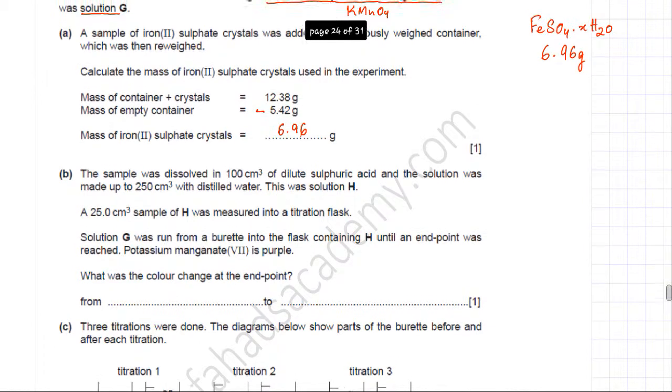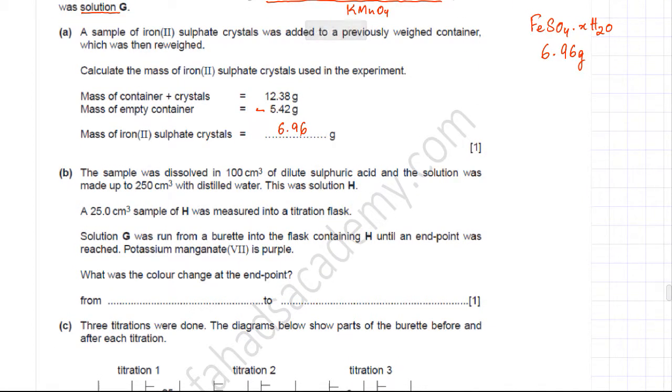The question reads that the sample was dissolved in 100 cm3 of dilute sulfuric acid, and the solution was made up to 250 cm3 with distilled water, and this was called solution H. So we're going to sketch those steps now.